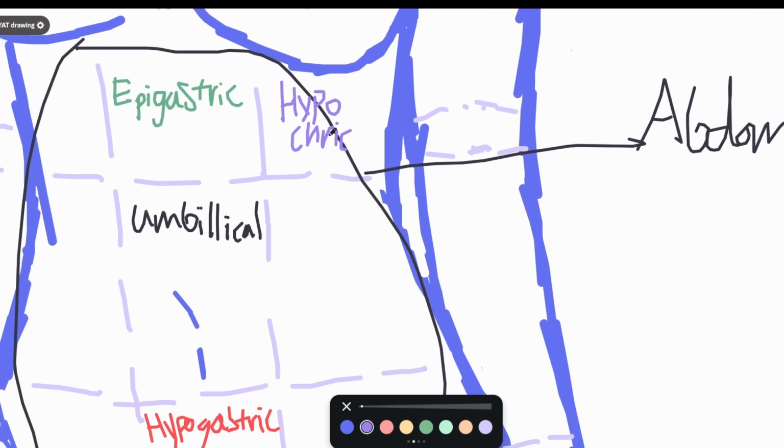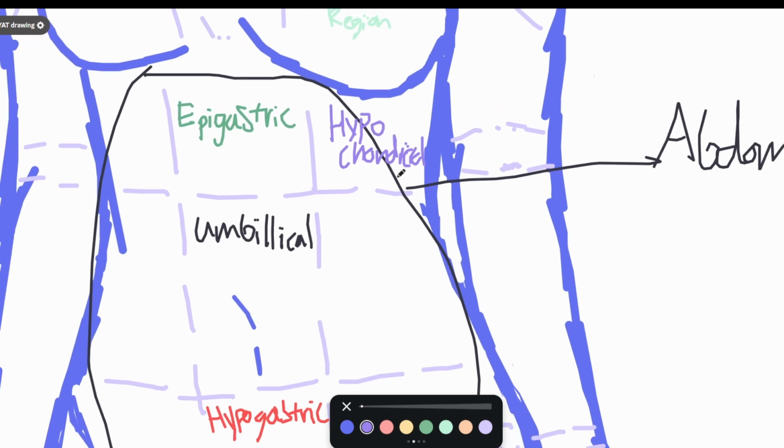Oh yeah, I realized I spelled it wrong. Oops. And what that's basically referring to, the chondrical area, is actually just your ribs. So obviously your ribs are down here, right? So this is technically under it, so it's called hypochondriac.